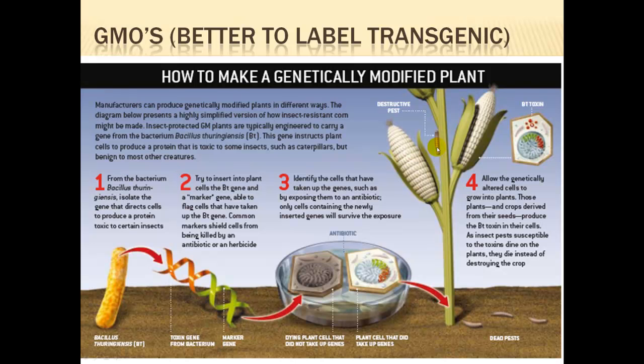That's what a transgenic crop is. And now there's different types of transgenic. There's been work with taking genes from flounder and putting it into tomatoes to make them frost resistant. Lots of controversy with transgenic crops.